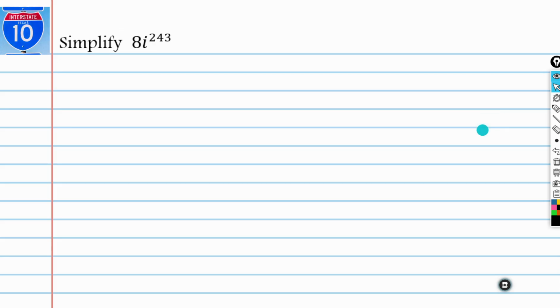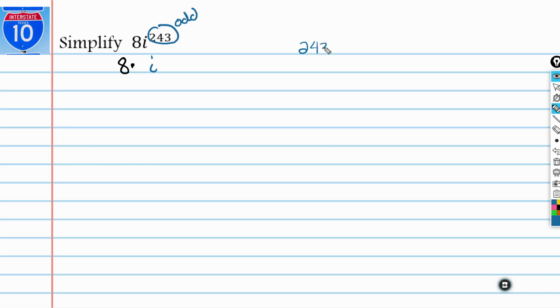Let's look at this next one. We again have an operation in front. We have 8 times. And now we're going to look at the power. It's odd, so that means we're going to have an i. We're either going to have a positive i or a negative i.